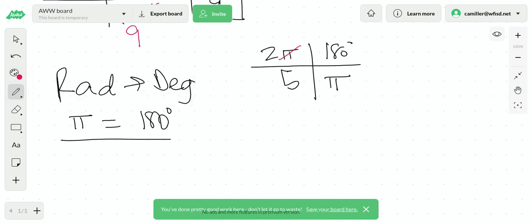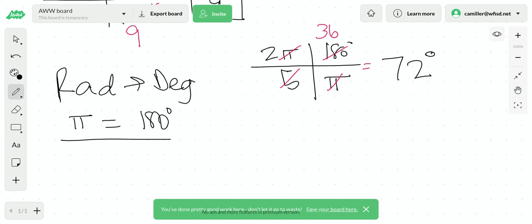So my pi's cancel out. 5 goes into 180 36 times. And now all we have left, we got a 2 and a 36 in the numerator. We have nothing in the denominator. That does not make it a 0. It makes it a 1, so I don't need it. So we have 72 degrees.